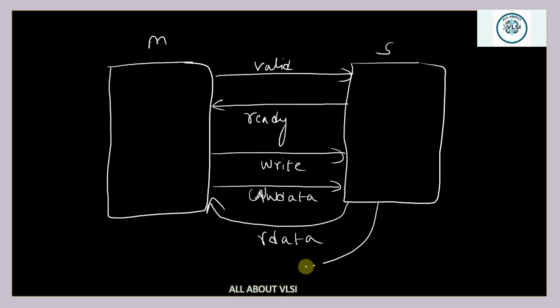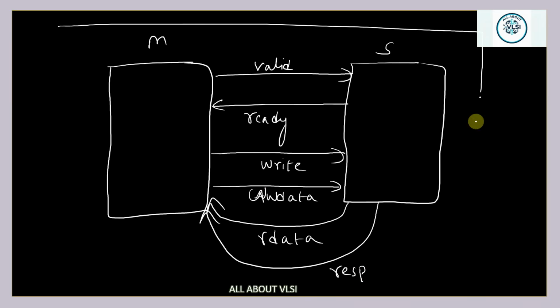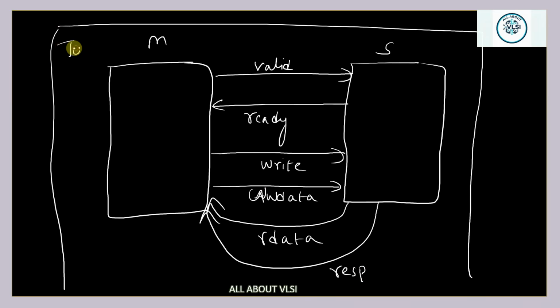And it also responds to the master using a response signal. So this is how your master and slave communicate with each other, and they are instantiated in one more top module. Like this, your master and slave are going to be connected.